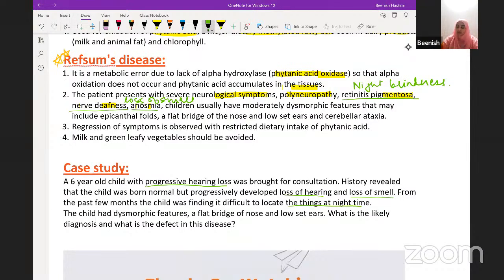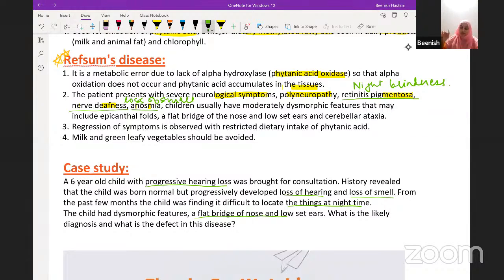This might be because of retinitis pigmentosa. The child had dysmorphic features, a flat bridge of nose and low set ears. So what is the likely diagnosis and what is the defect in this disease? This is a clear case of Refsum's disease. All the clinical features are exactly the same. And what is the defect? There is a defect in phytanic acid oxidase.